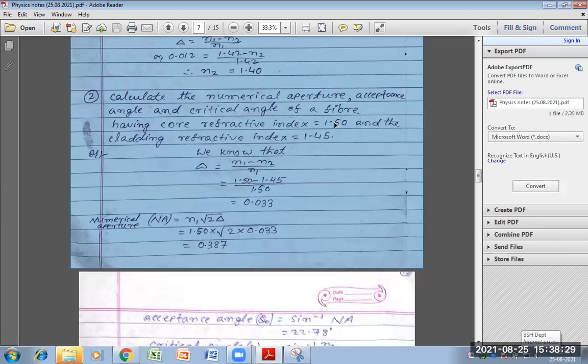Then we have to calculate the questions which will be given here. So the value of N1 means 1.50 minus N2 means 1.45 divided by N1, N1 means 1.50 is equal to 0.033 refractive index change.